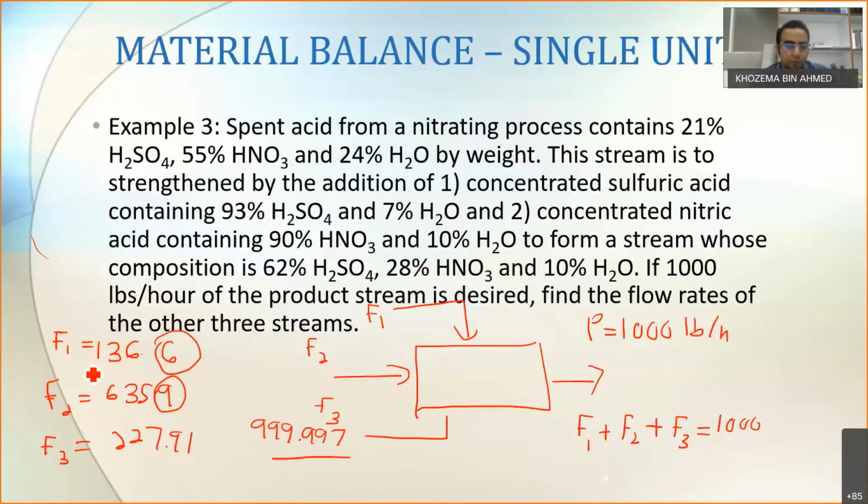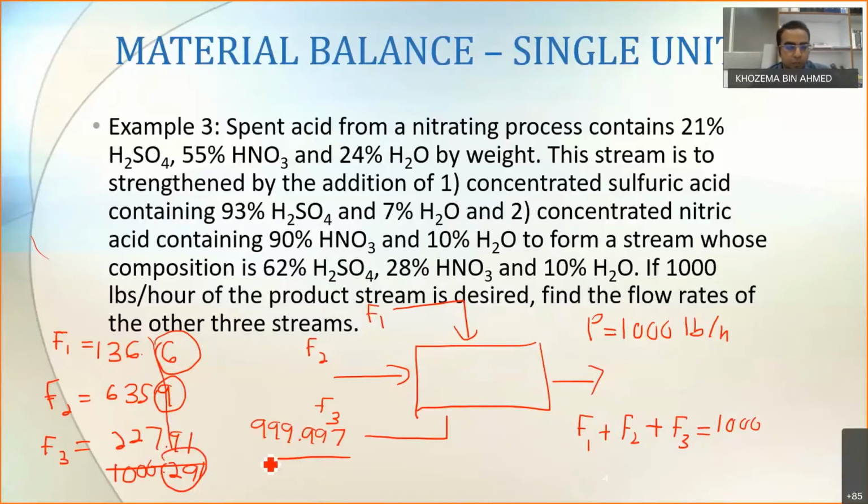And sometimes if I add up these three numbers, I'll get around 1000.291. You can see here, because of our decimal numbers, we are getting this 291 value.